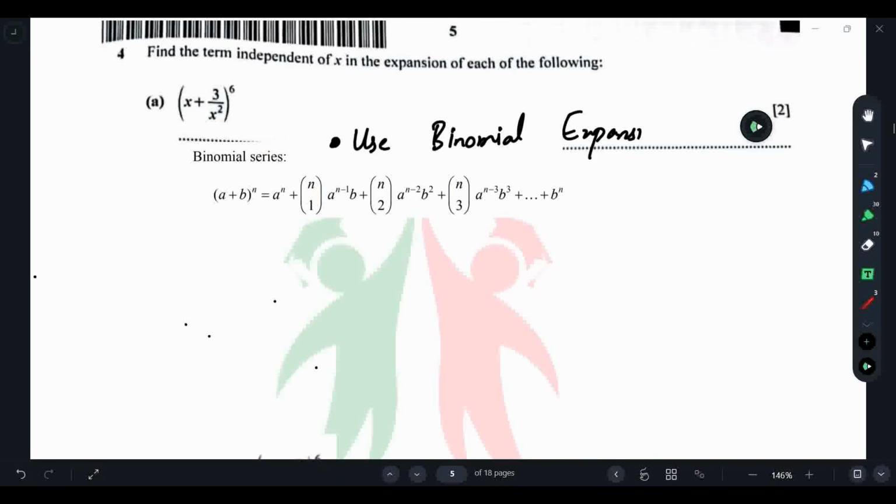Now, how can we find it? We know that (x plus 3 by x squared) whole power 6. So a is x.